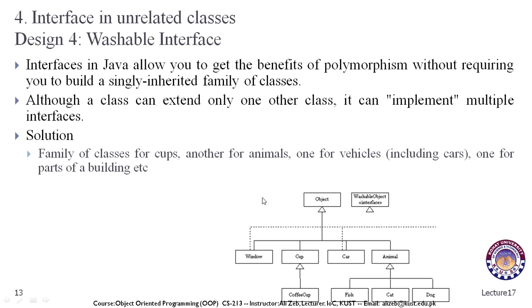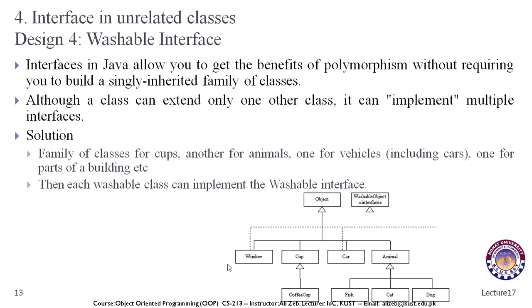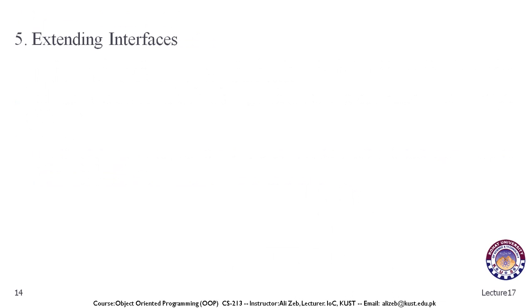But we do not need to combine the cups with the cars in the same family, or cars and the animals in the same family. So we have a family of classes for cups, another for example for animals, one for vehicles. You can include different types of cars over here, one for parts of a building, let's say windows, doors and other items. Each washable class can now implement the washable interface.